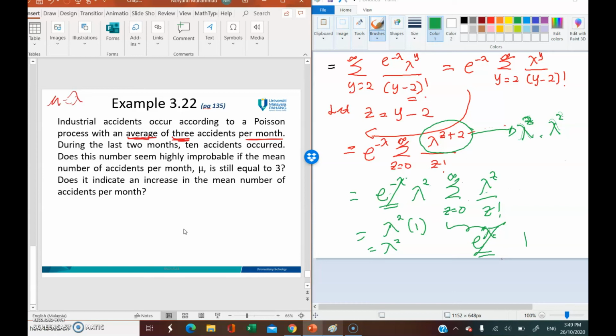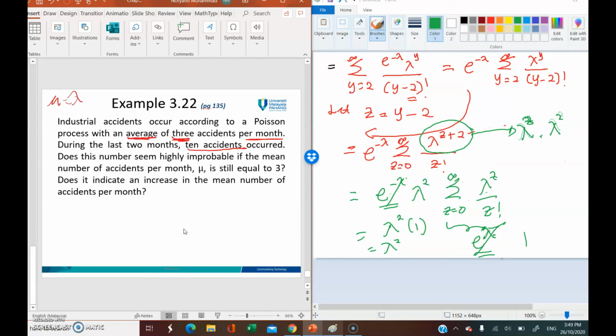During the last 2 months, 10 accidents occurred. Does this number seem highly improbable if the mean number of accidents per month, mu, is still equal to 3?